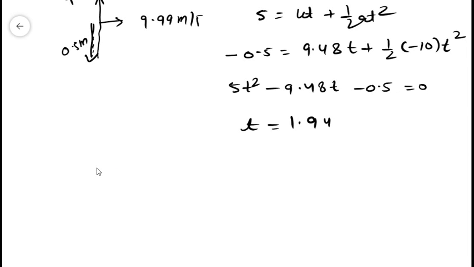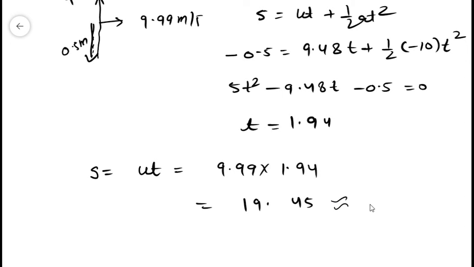So the required distance will be s equals ut, and u is 9.99 into t is 1.94, and that turns out to be 19.45. That's approximately equal to 19.5 meters. So that should be the right answer. Thank you.